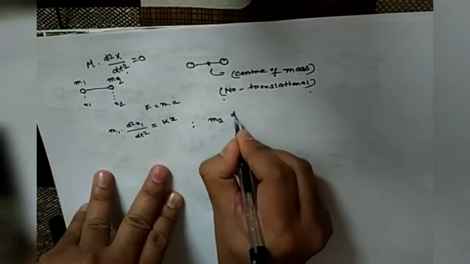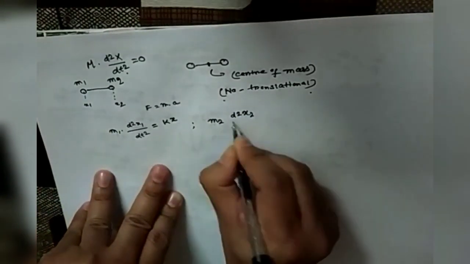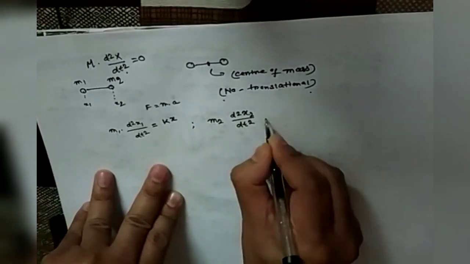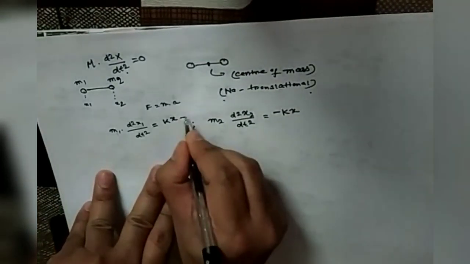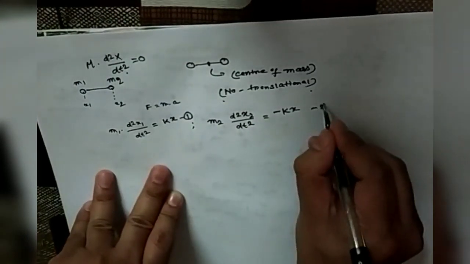For the first atom, the equation will be m1 d2x1/dt2 equal to kx, and for atom 2, the equation will be m2 d2x2/dt2 equal to minus kx. Now this is equation 1 and this is equation 2.